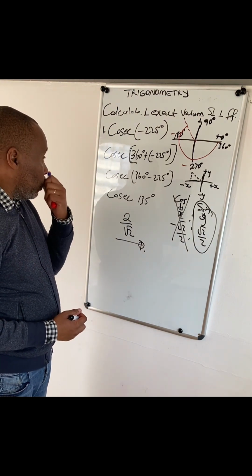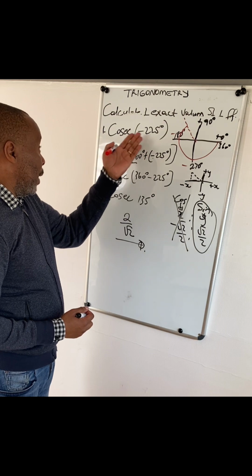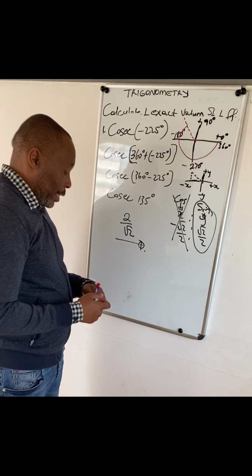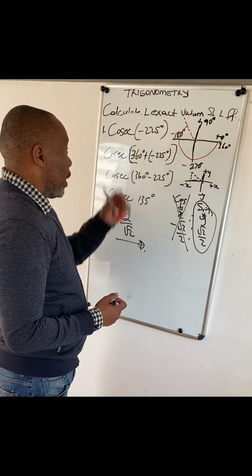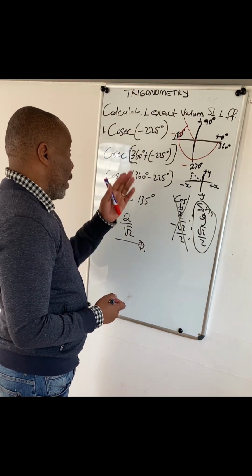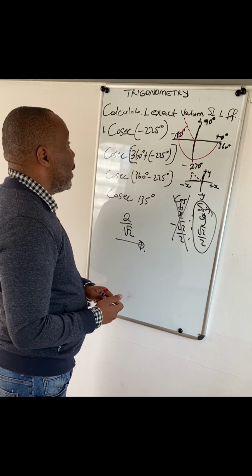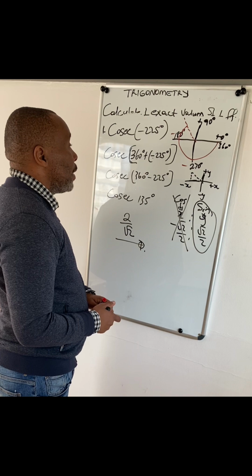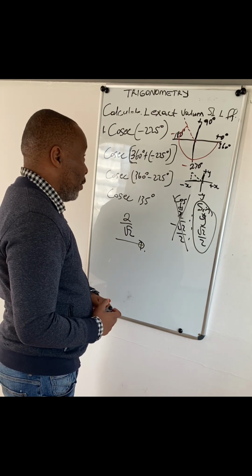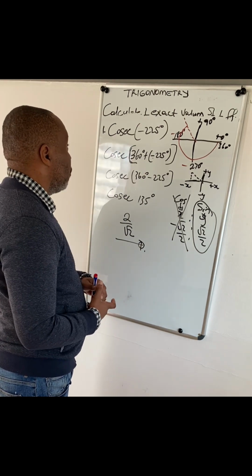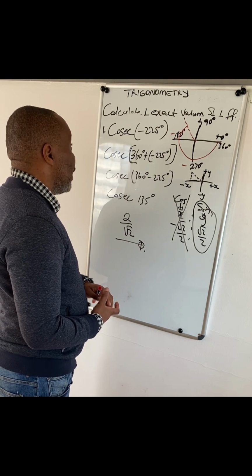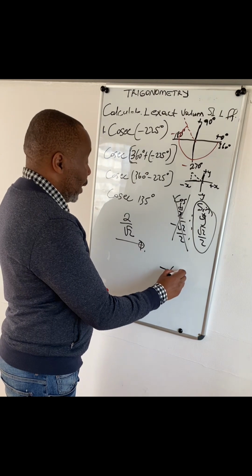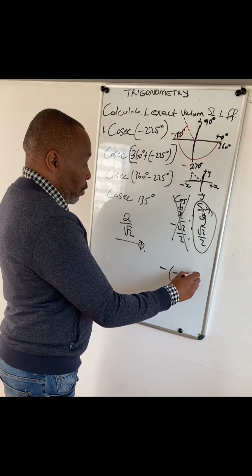Another one would be by looking at this at minus 225 directly. As I said, another method is looking at cosec 225, which is minus this angle. It's at 225, and 225 is in the third quadrant, and cosec is negative in the third quadrant, so it would be negative times a negative 225.